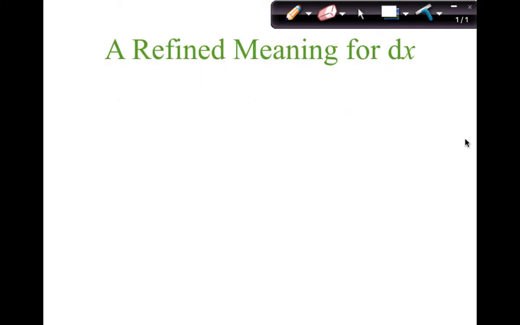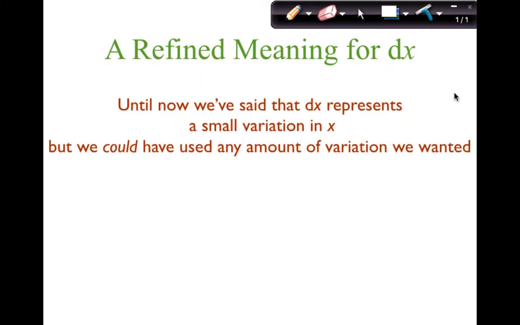But in any case, going back onto this, rate of change in a moment is what we're going to be looking at. So this is what I was talking about. Up until now, we've said that dx represents a small variation in x, but in the examples we were using, it could have really been anything, whether it's adding a gallon of water to the barrel or 17 gallons of water to the barrel.